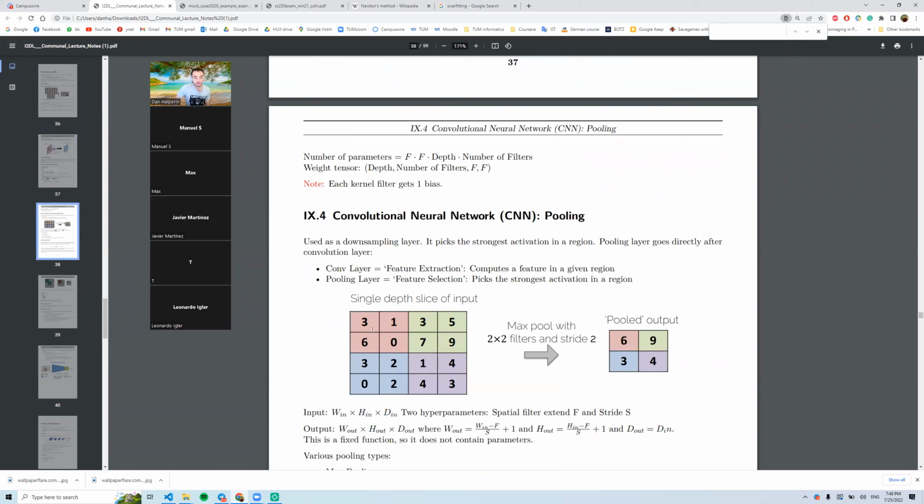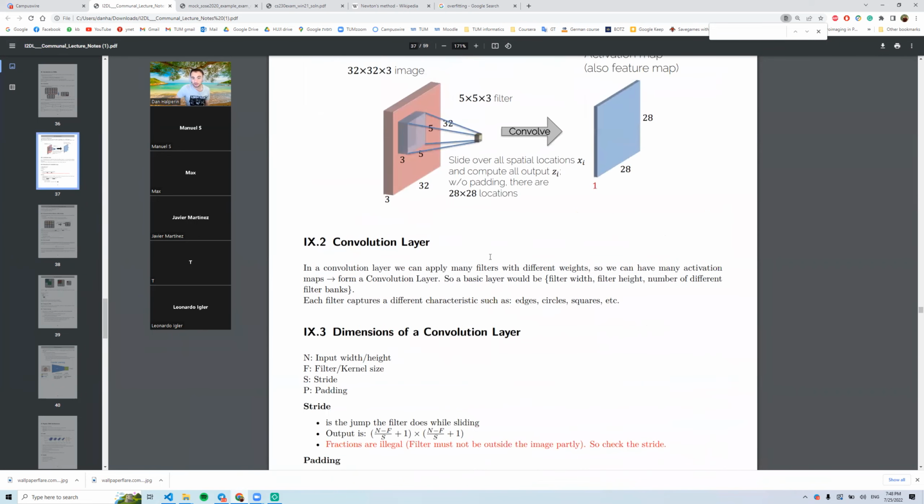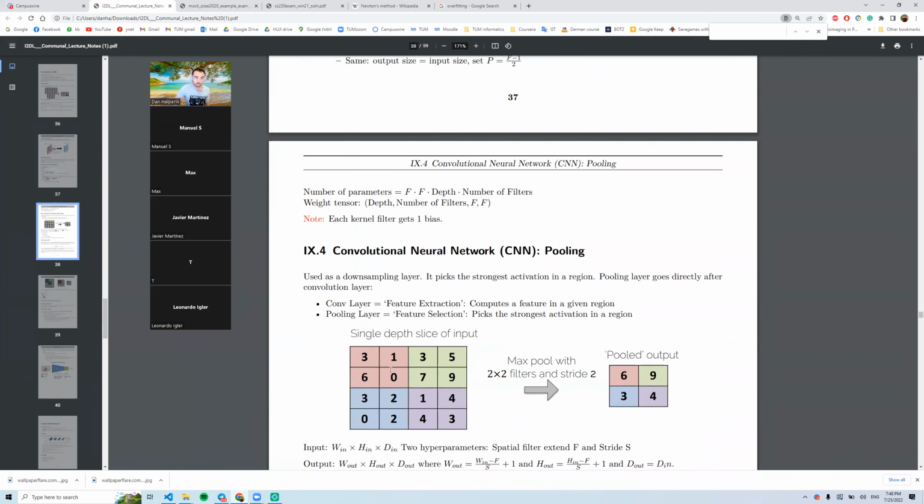But the pooling layers only work on one channel, okay? While convolutions work on all the channels of the given feature map block. Here, it's only one channel, and we pick only the activated ones.